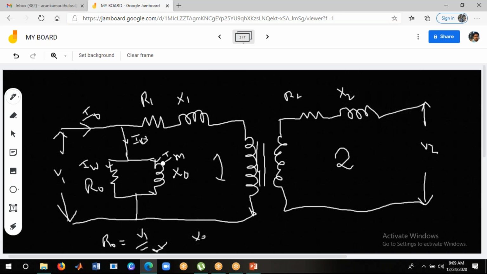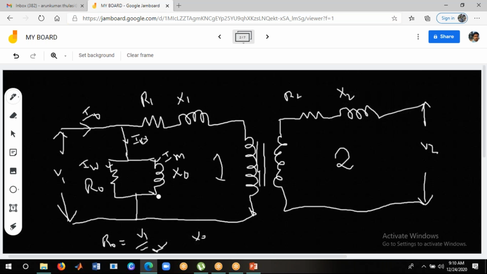Now, you may have one doubt, right? Why does this circuit come from the first circuit and not the second circuit? This circuit consists of the core and is responsible for iron losses, or core losses. Iron losses do not depend on the load. Here in the primary we are giving the supply and the secondary is connected to the load.